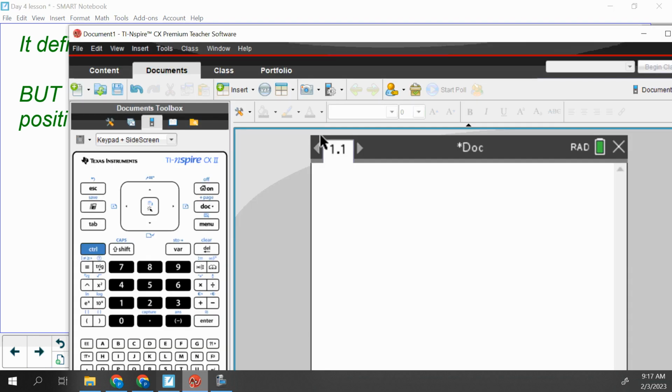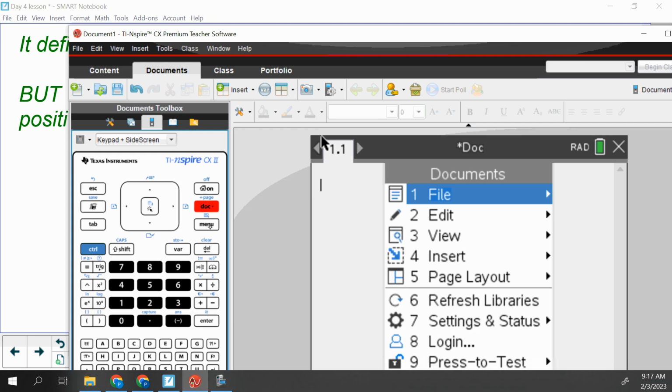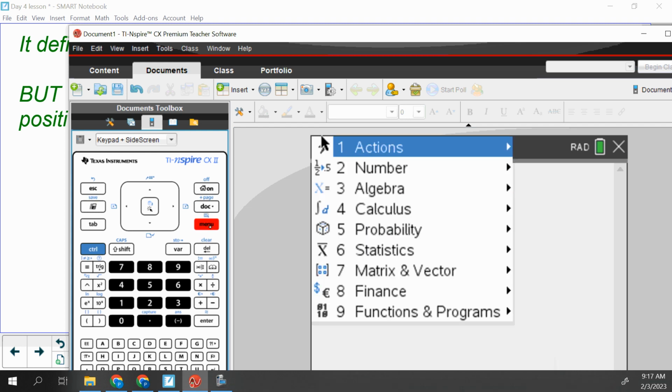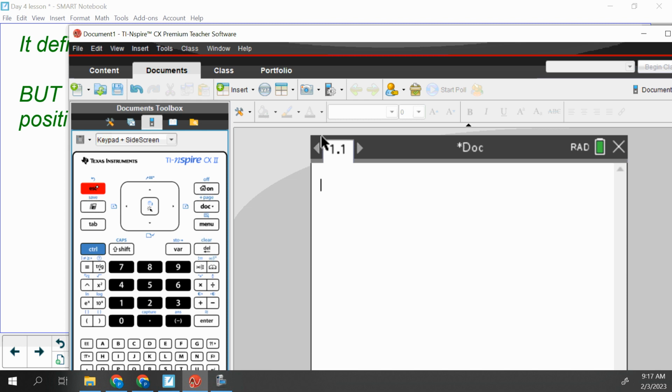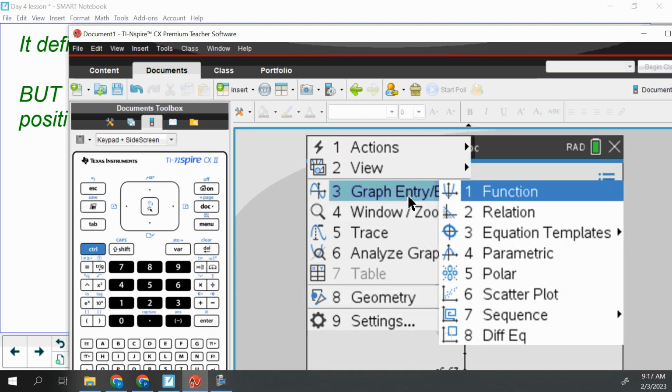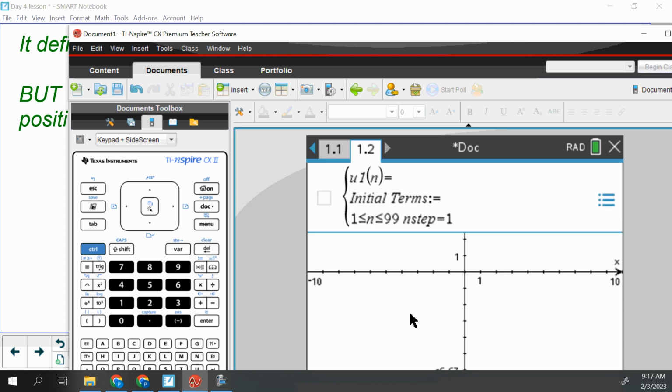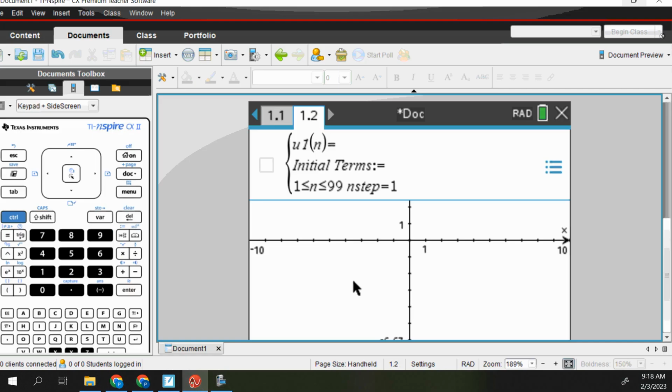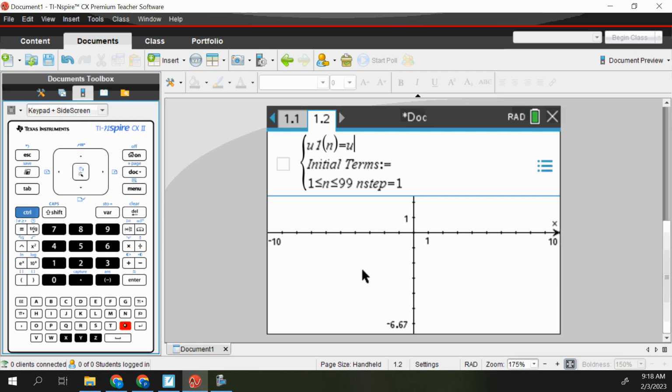So if we go to our graphs page, sorry, not calculator page, graphs page. And we go to menu, graph entry, edit. If we go to sequence mode, we're going to put this in as U1 parentheses n minus 1.